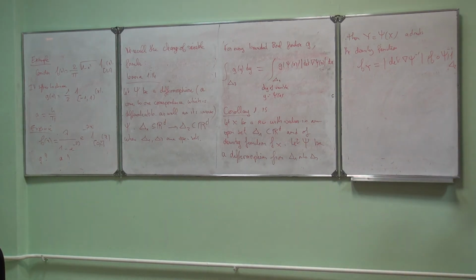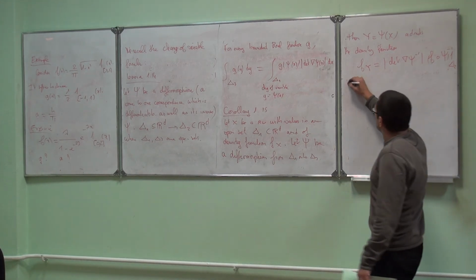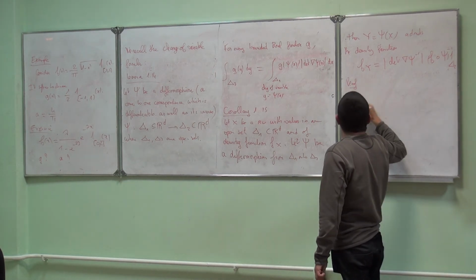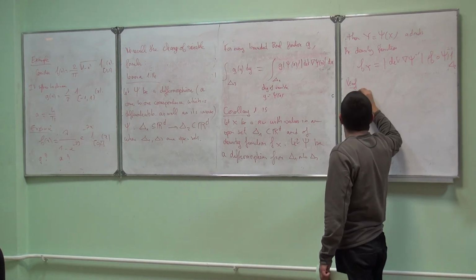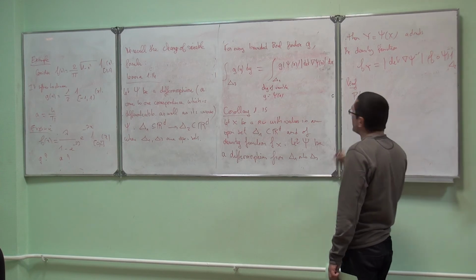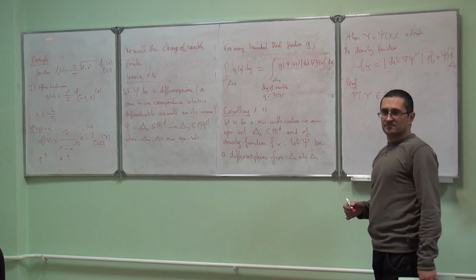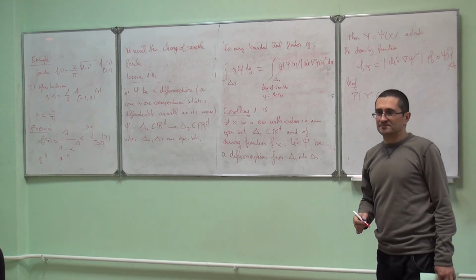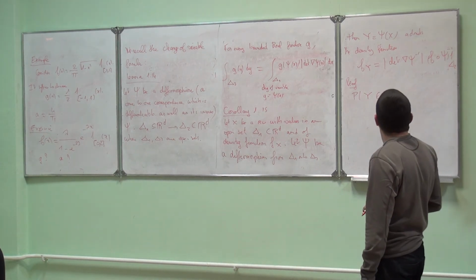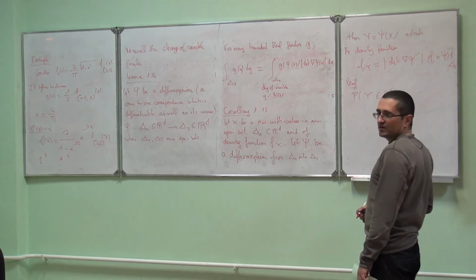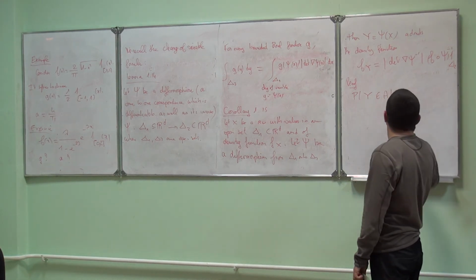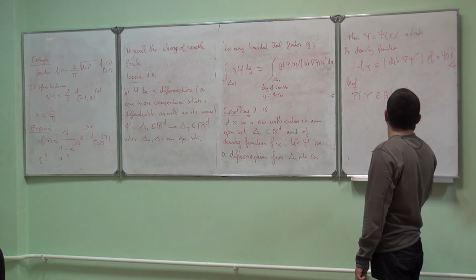Actually, the proof is not very difficult. You can do it by yourself. Proof: just compute the probability that Y belongs to some A. Then you make a change of random variable because it is integration.